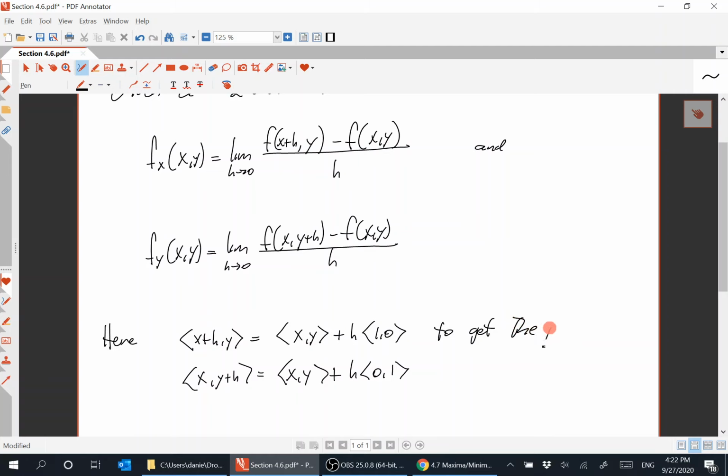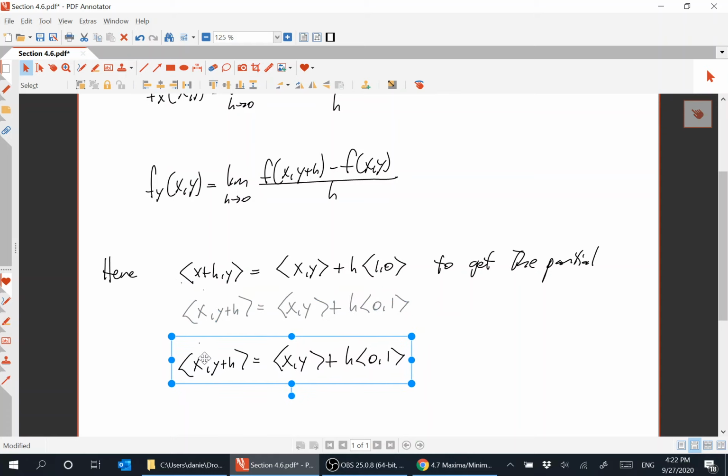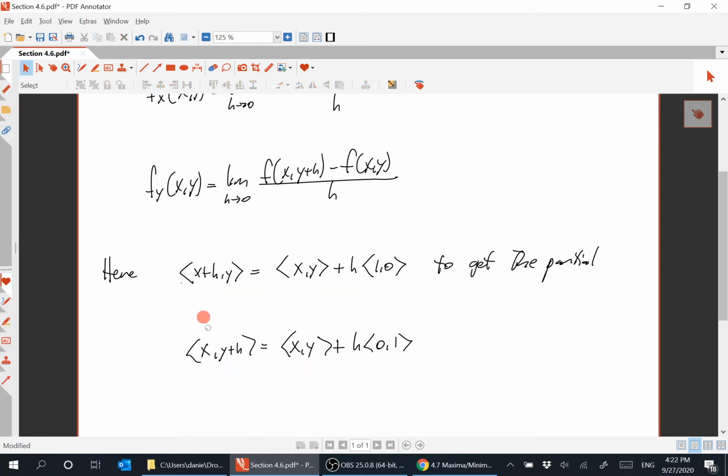The partial derivative. To get the partial derivative in the i equal to (1, 0) direction.